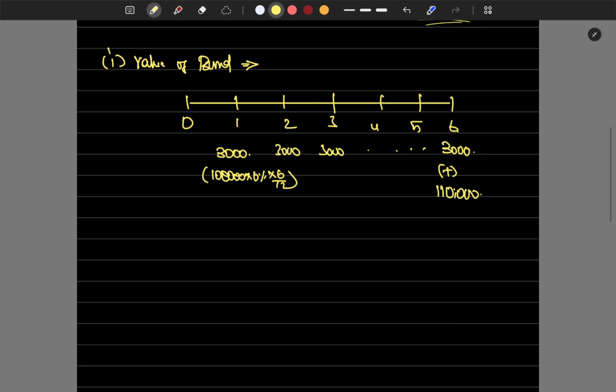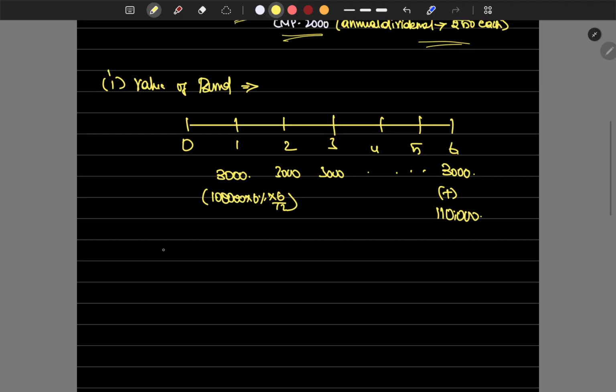Okay, now what's the PV for 6 terms at what rate? The bond rate is 3% since semi-annual, for 6 terms.